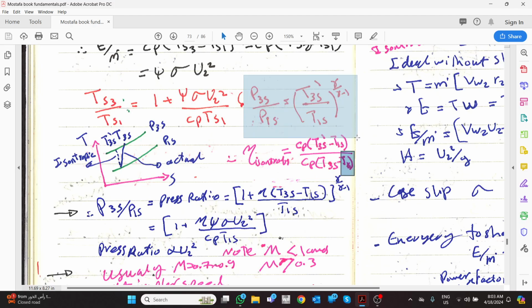It is very easy. It is the relation of the isentropic process in thermodynamics. So while you know this, you can get this one. Of course, this one you can get very easily.